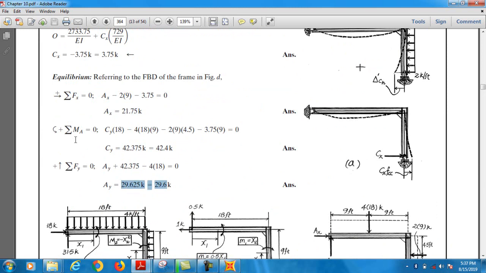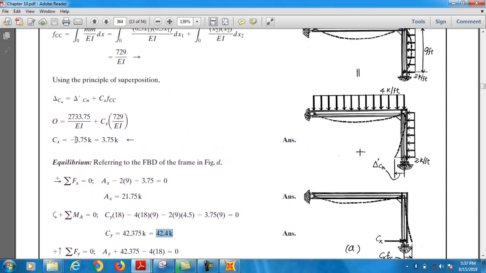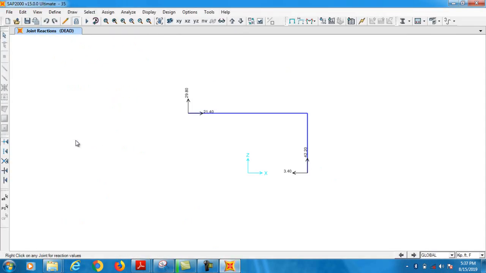This is okay, and this one is also okay. CY 42 and CX 3.7. So 42, 21, 29 and 3.40. The results are okay.